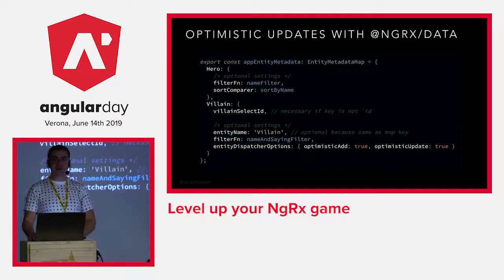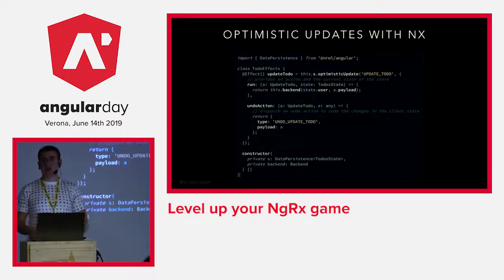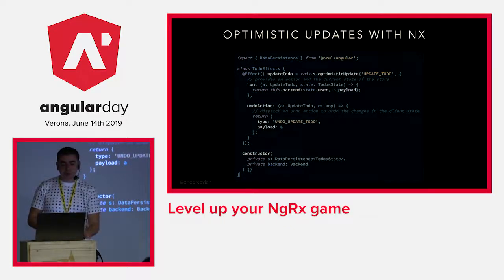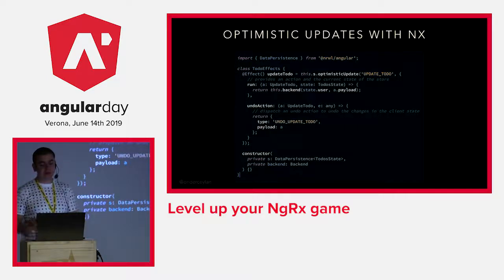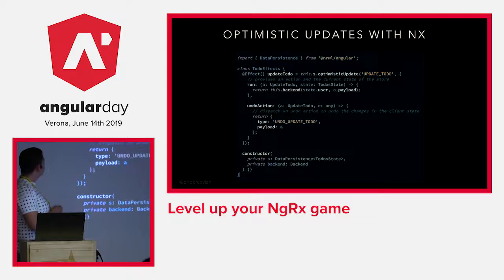But this is not the only library that you can use for optimistic updates. There's a really small runtime helper from Narwhal Technologies. If you introduce this data persistence library from Nrwl Angular, they also introduce a nice way of handling data, race conditions, and also optimistic updates for your collections. So if you provide an undo action here, it makes a request to the service layer, and if the request fails, it directly goes to the undo action that reverts the action for the failed response.